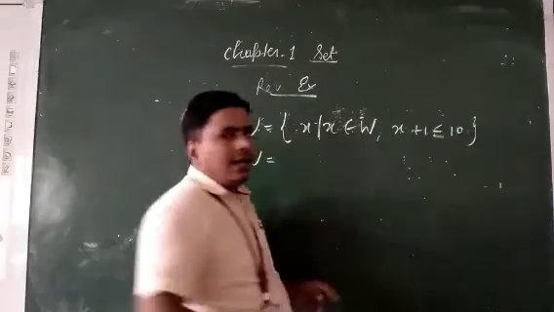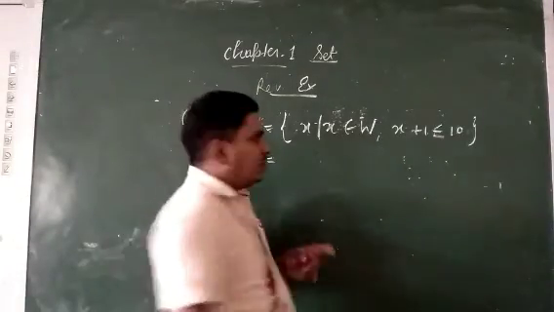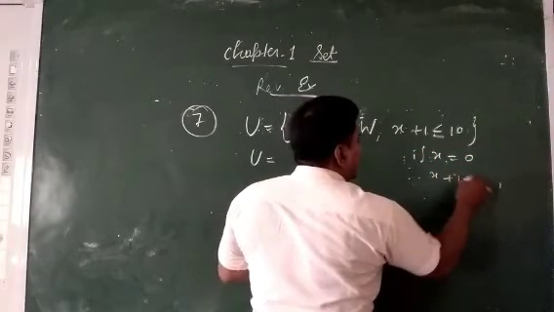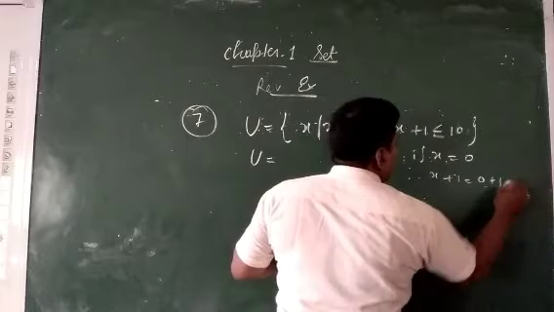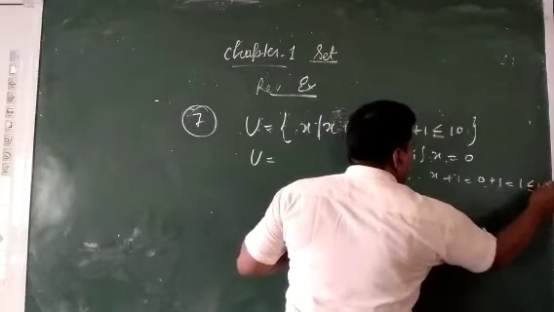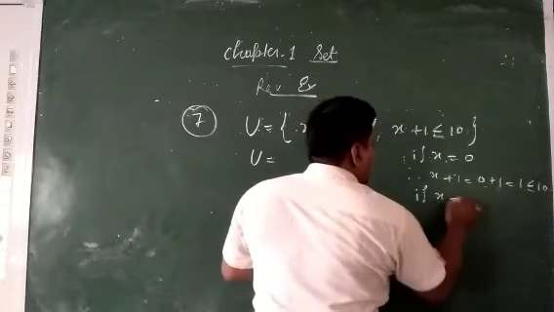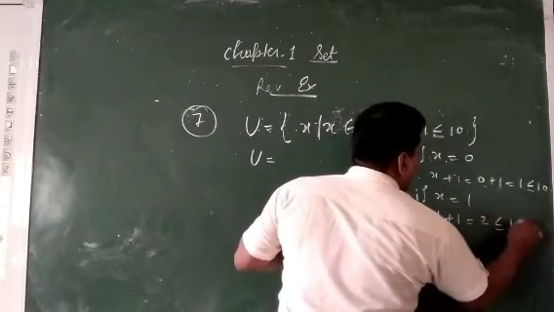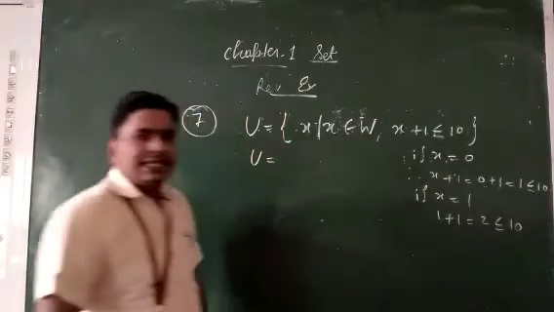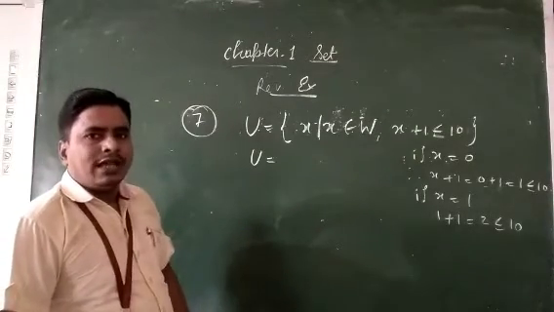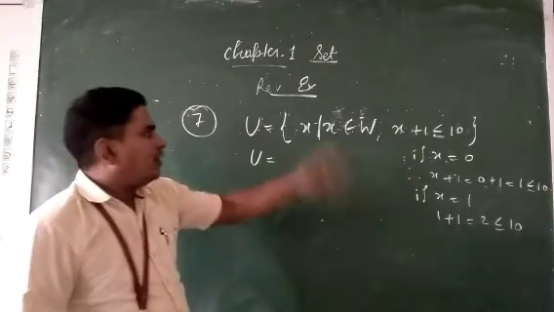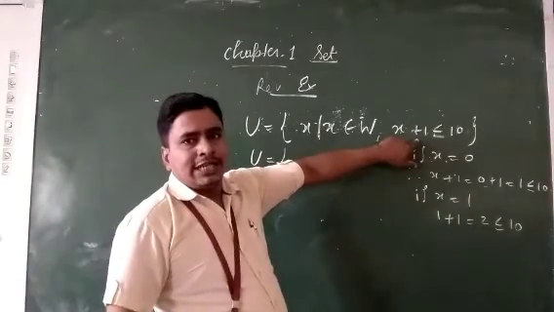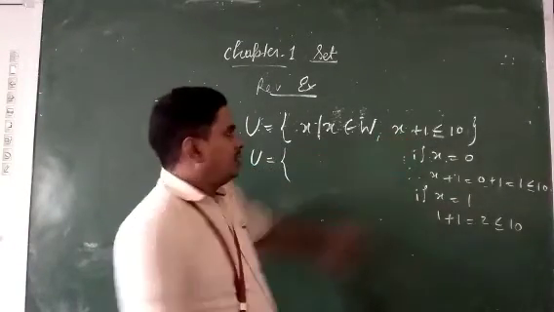We know that whole numbers start from 0. So if X is equal to 0, then X plus 1 is 0 plus 1, which is 1, less than or equal to 10. If X is equal to 1, then 1 plus 1 is 2, less than 10. Same way we can find the next elements of set U, but they should satisfy the condition.